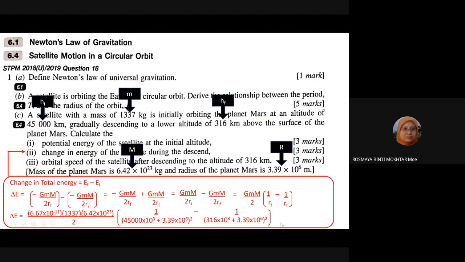So I go straight to the answer: negative 7.13 times 10 to the power of 9 joule. You get negative, and negative means a decrease in energy. The question didn't ask for that, but it is understood that negative here means a decrease in total energy. Any question in C2?